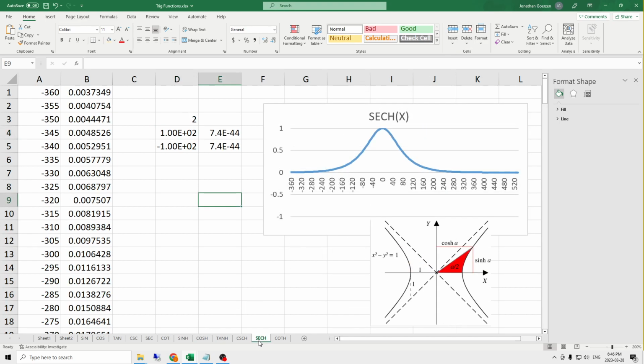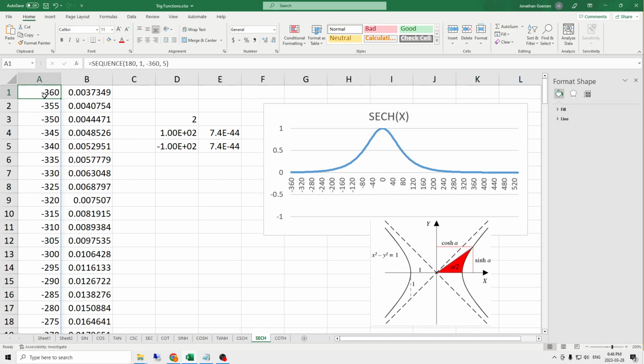Of course, 1 divided by that is approaching 1 at 0, and then drops off to 0 as the hyperbolic cosine goes to infinity. 1 divided by infinity approaches 0.